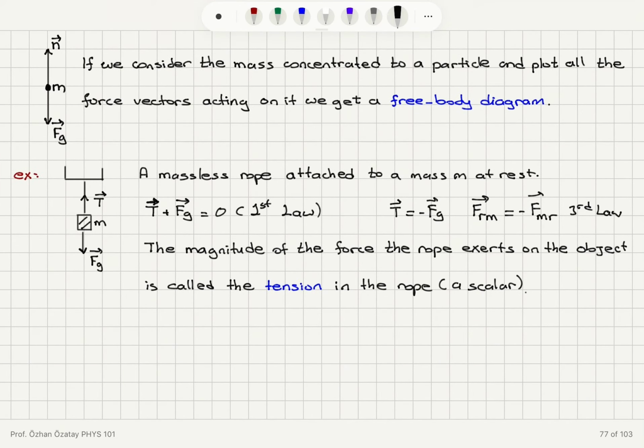On the other hand, if we have the object attached to a massless string, the reaction force to the gravitational force is the force appearing on the string, which has a magnitude we call tension. So the force that has the magnitude of tension is the tension force that is opposing the gravitational force exerted by the object m on this rope.